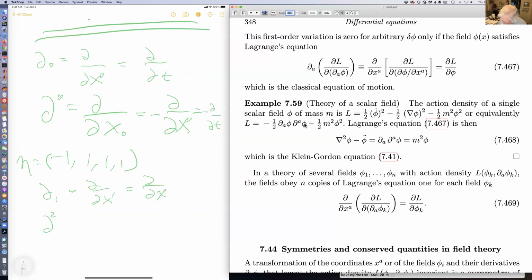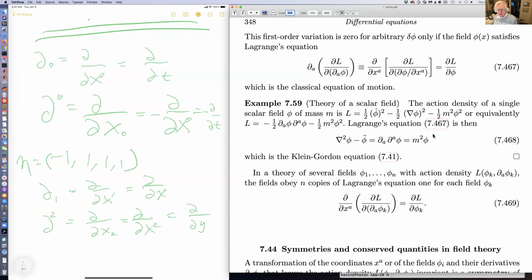D upper 2 is partial x lower 2, which is the same thing as partial x upper 2 because of the plus sign there. And this is partial y if we're in XYZ notation. So that's just an aside.